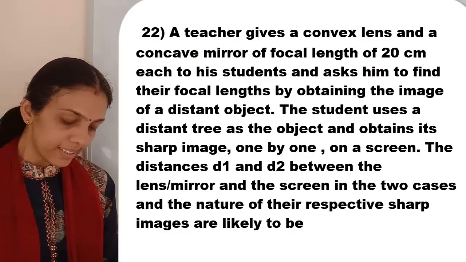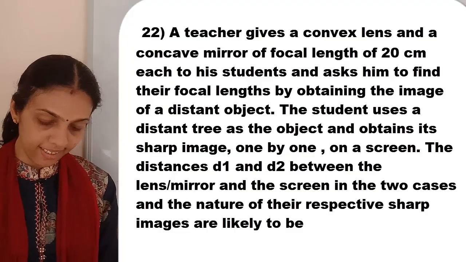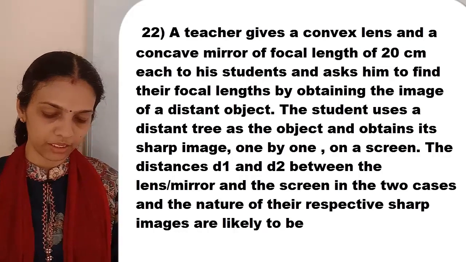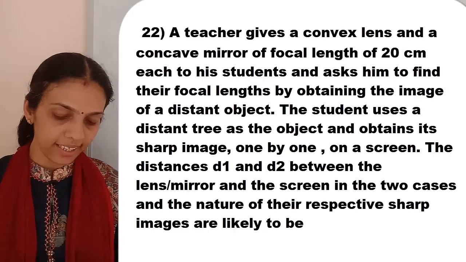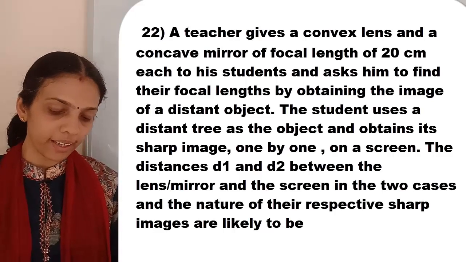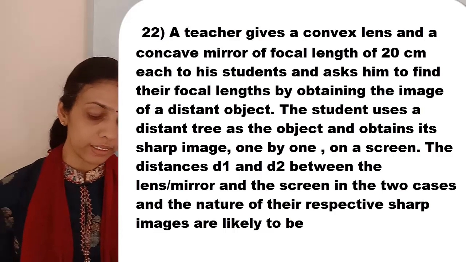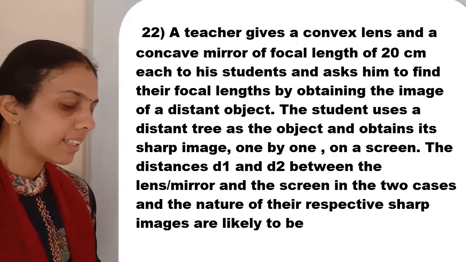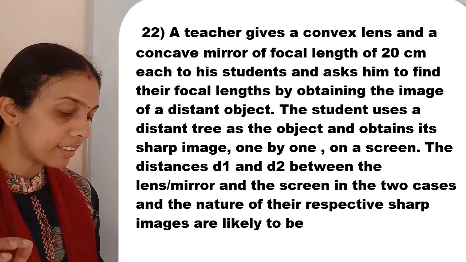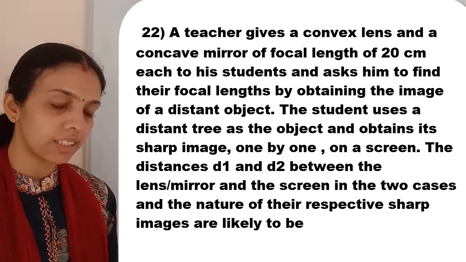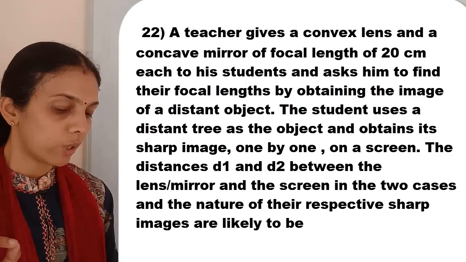Okay. A teacher gives a convex lens and a concave mirror of focal length 20 cm each to his student and asks him to find their focal length by obtaining the image of a distant object. The student uses a distant tree as the object and obtains its sharp image one by one on a screen.